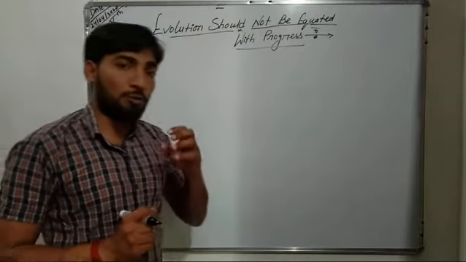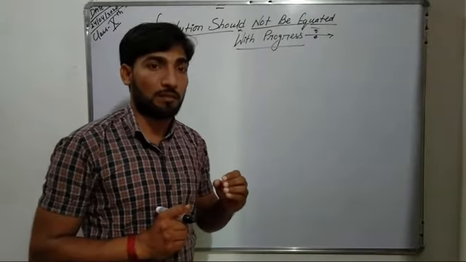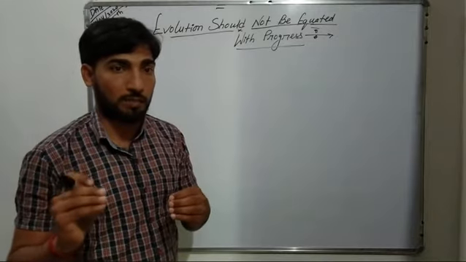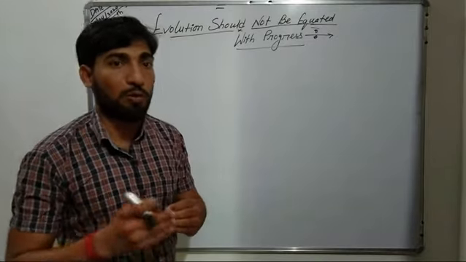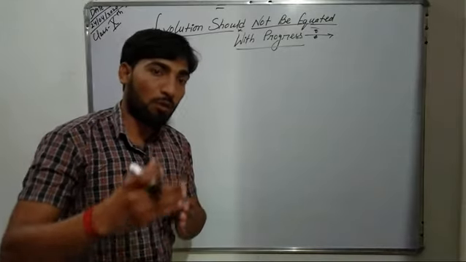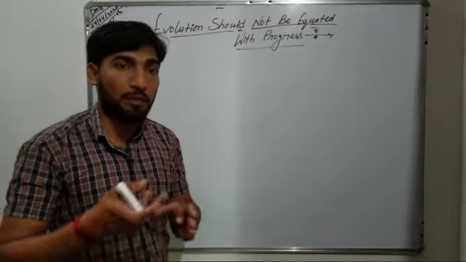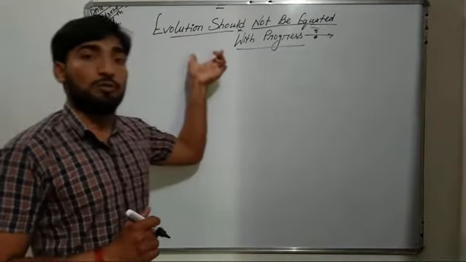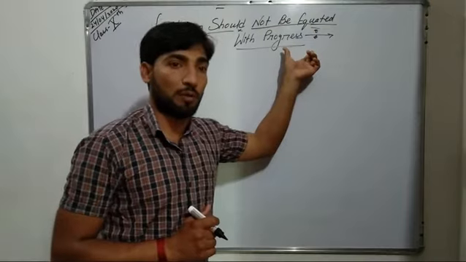So evolution simply means the existence of more and more complex organisms, but along with it the older species also continue to live on this earth's surface. So evolution should not be equated with progress.